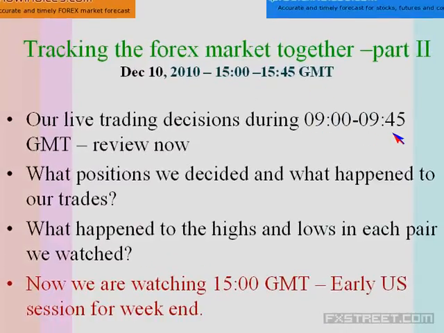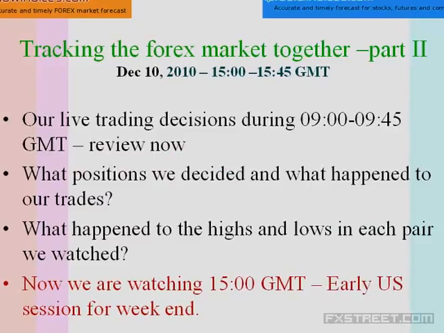I was giving part 1 between 9 and 9:45 GMT, and I gave the trading call, and let us see what happened to that, and also the positions I had taken, whether I was able to close it with a profit or close it with a loss, then what happened to the highs and the lows in each pair. So we will track the market, what we have witnessed earlier during the European session. We will track it currently and see what changes happened with regard to the levels of the majors and also the commodity pairs.